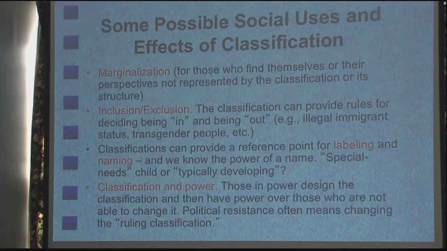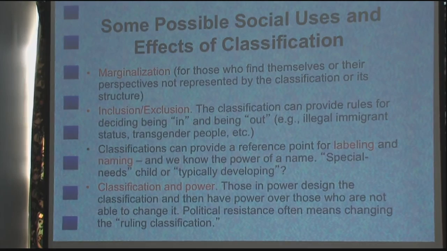It can be used for determining inclusion and exclusion, such as illegal immigrants, transgender people, and so on. It can be used for labeling. Any parent who has had a child labeled with a developmental disorder knows the power of those labels, right? It puts your child in one class versus another class.